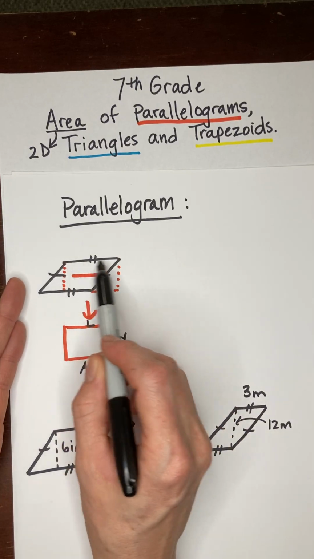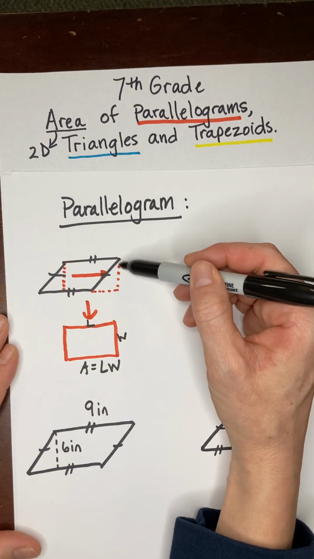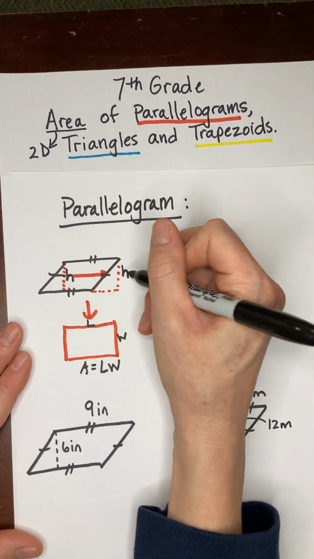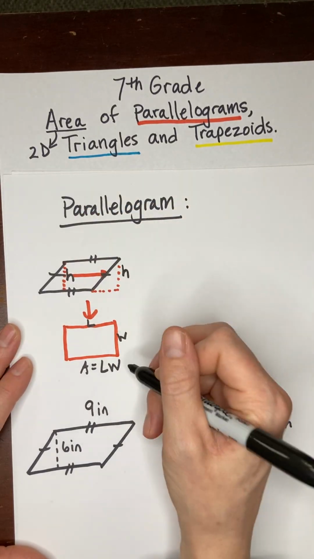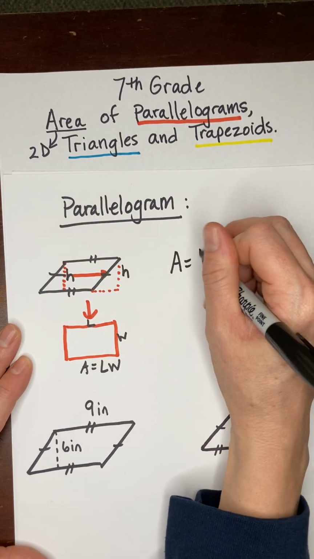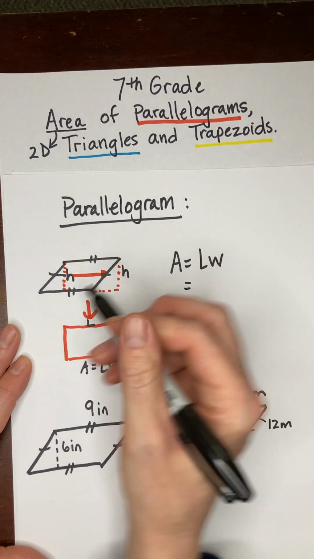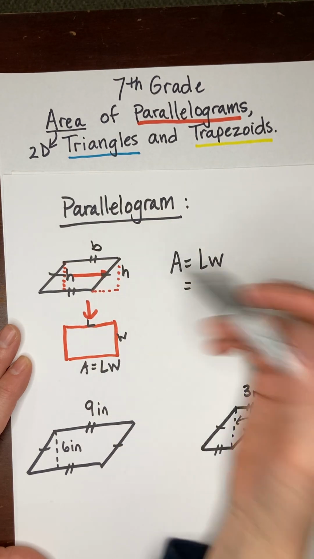We're going to look at the length, which is this length here, either the top or the bottom, they're the same. And then the height, which is the height of the parallelogram, that's like our width. In the formula though, we're not going to use L and W. We use this for a rectangle. In a parallelogram, we're actually going to call the length the base, and we're going to call the width the height.